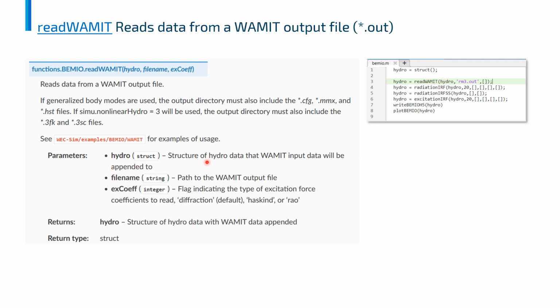You will need to create this structure first, like in this example here, and then pass that as an input for the readWAMIT function. The second input is the file name. You need to specify the name of the file that you are going to use, in this case your WAMIT output. And there is a third option if you want to read the excitation force coefficients.